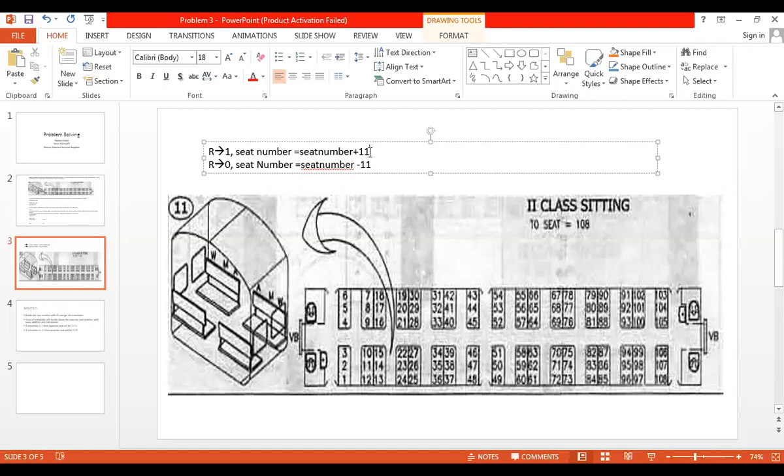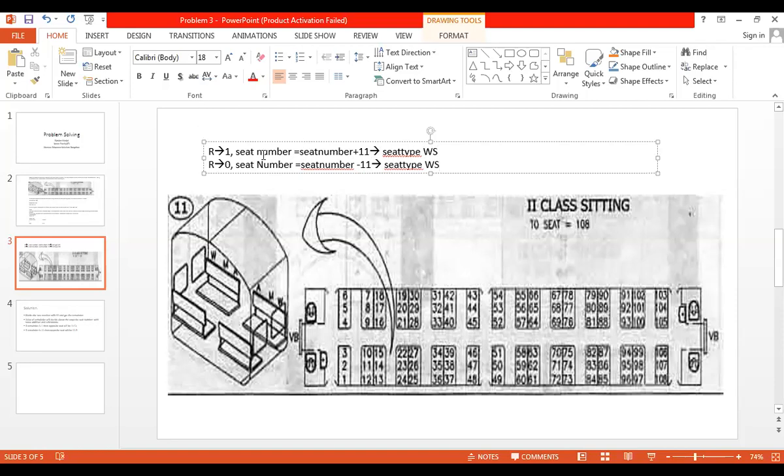And in both cases, the seat type will be window seat. So this is the whole thing.